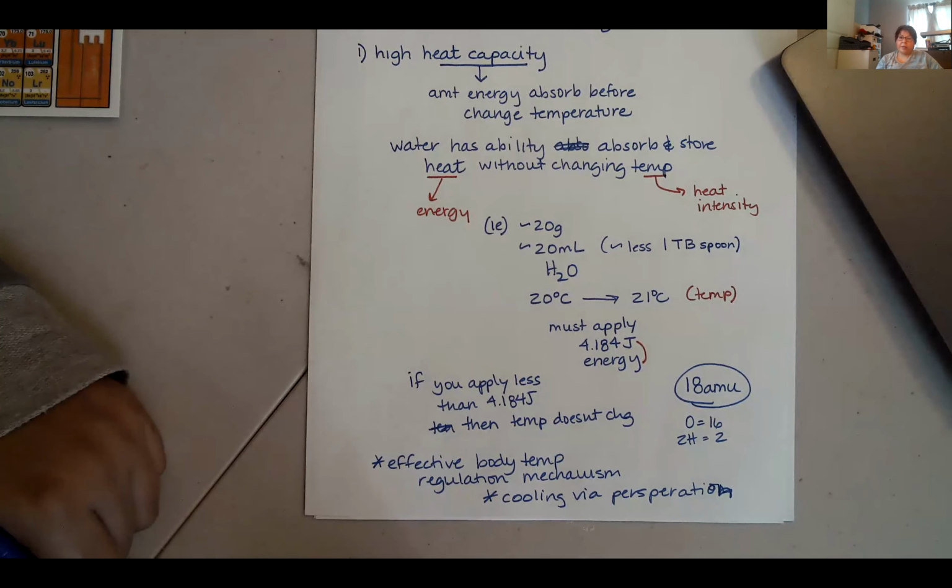Besides perspiring, another way that you shed heat is every time you exhale. Because every time you give off carbon dioxide in your breath, mixed with it is a tremendous amount of water. So if you've ever breathed on something like a glass or a mirror, the mirror fogs up.